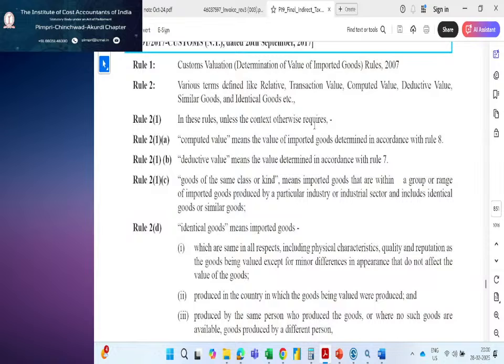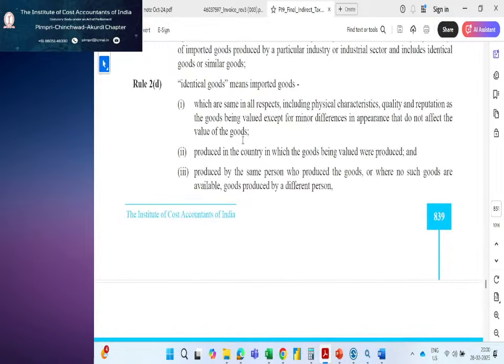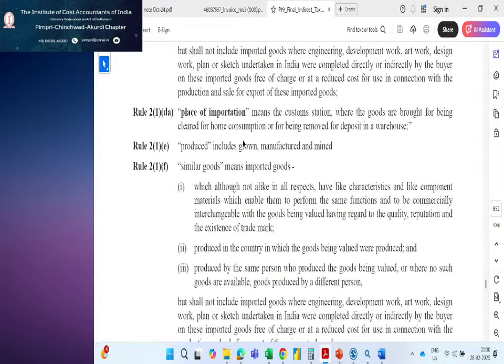Again we have the same definitions: computed value, deductive value, goods of the same class, identical goods, place of importation. So what is place of importation? Customs station.